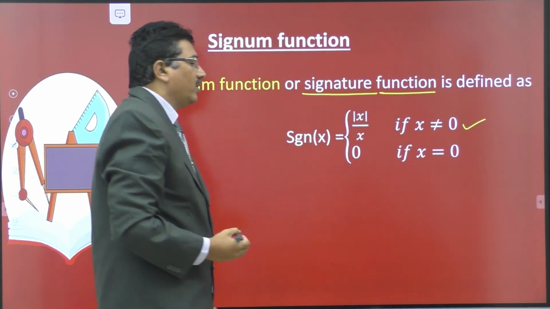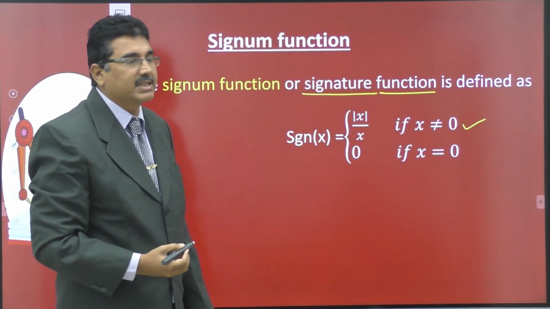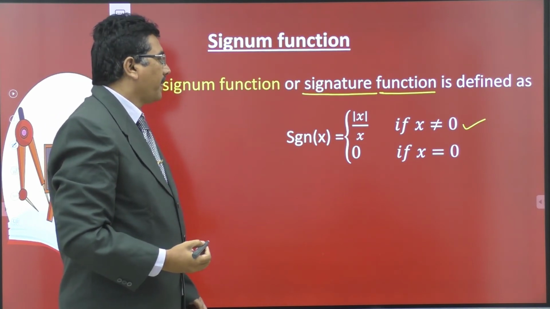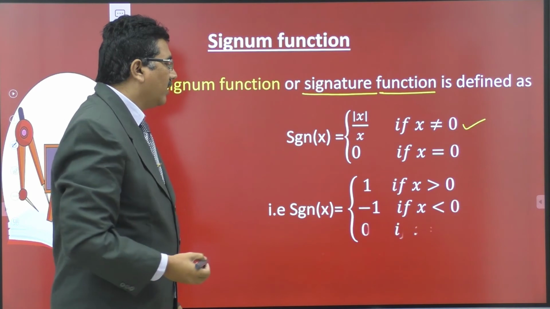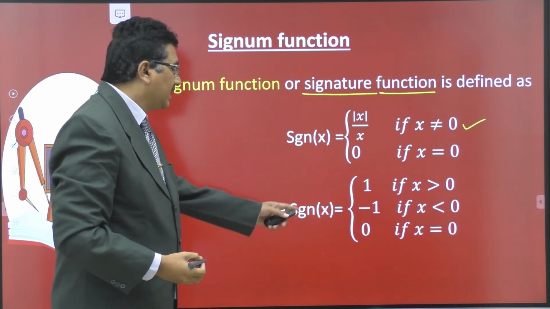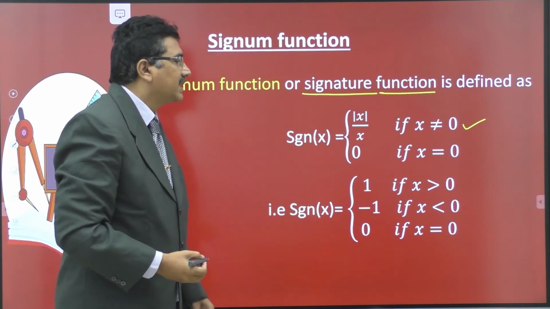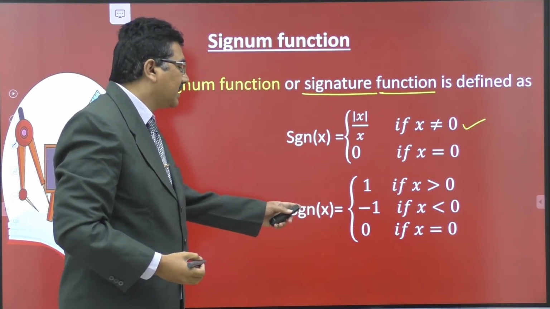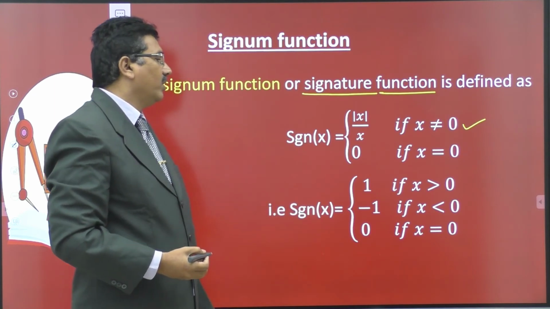If x is equal to 0, signum of x is equal to 0. Now, this indicates the sign of any real number.